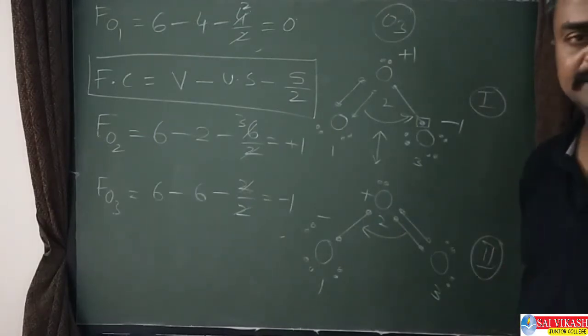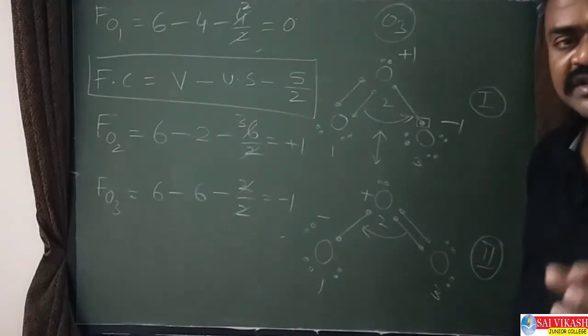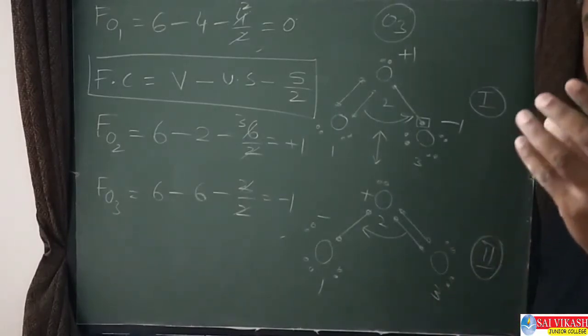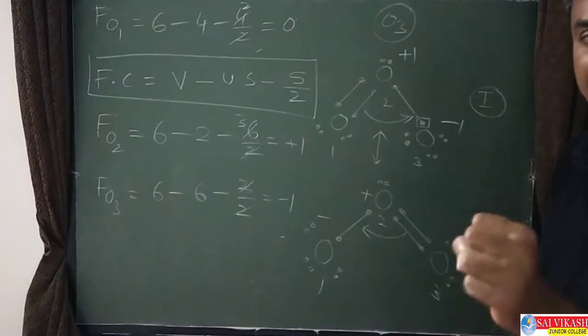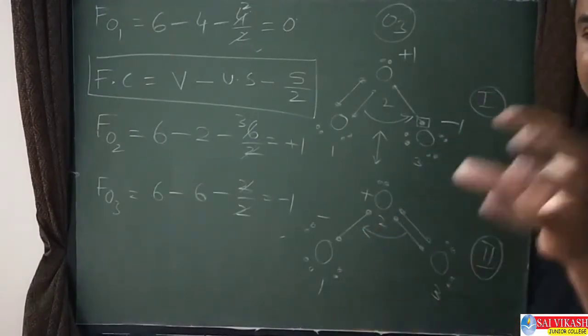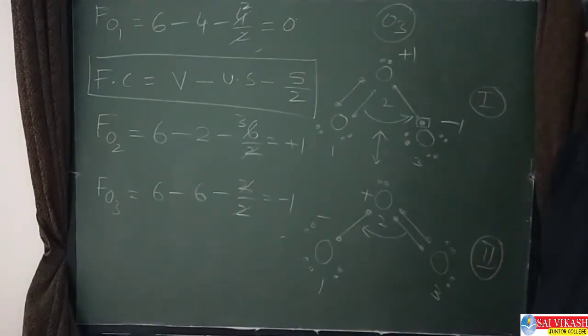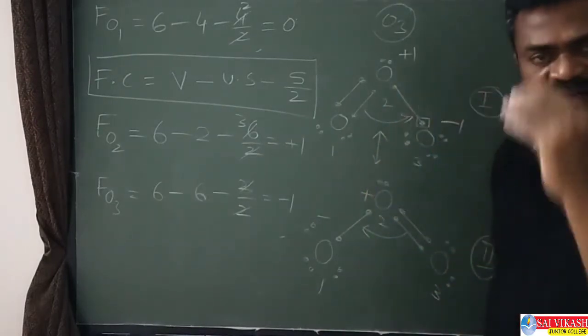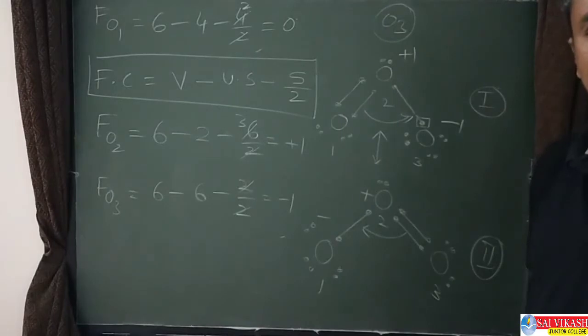Whatever has the lowest formal charges, that resonating structure is the most stable one.